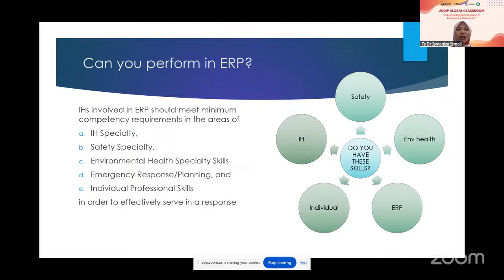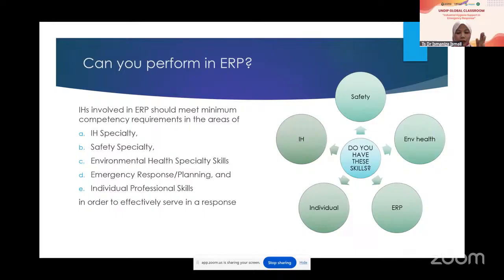The problem is that if something happens, it doesn't wait until we are ready. If let's say ada satu student yang inhale the chemicals and then pingsan ya, itu kan nggak menunggu sampai ready ada PPE apa enggak ya.